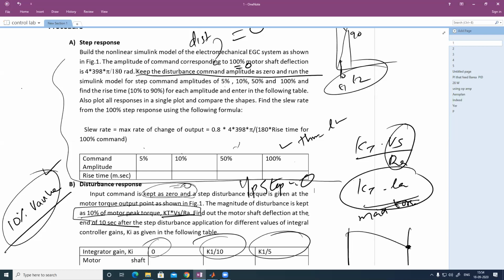Even at 30 it may go to an unstable mode. There are so many unstable modes. I think you are studying this in your aerodynamics or flight mechanics course. Yes. Yeah, Dutch roll, something is there. Phugoid. So many things are there. I think you know better than me.